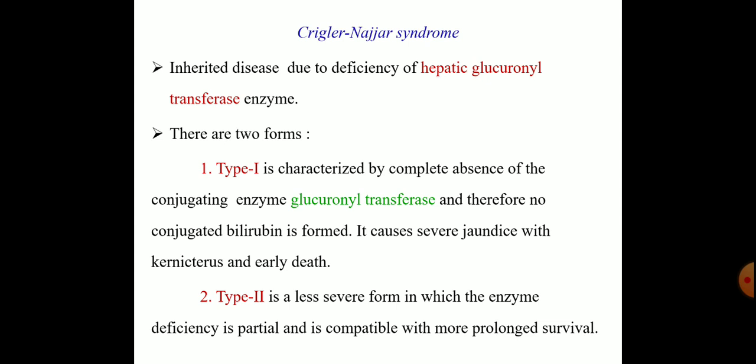It is of two forms, type 1 and type 2. Type 1 is characterized by complete absence of the conjugating enzyme glucuronide transferase, and therefore no conjugated bilirubin is formed. This causes severe jaundice with kernicterus and early death. Type 2 is a less severe form in which the enzyme deficiency is partial and is compatible with more prolonged survival.